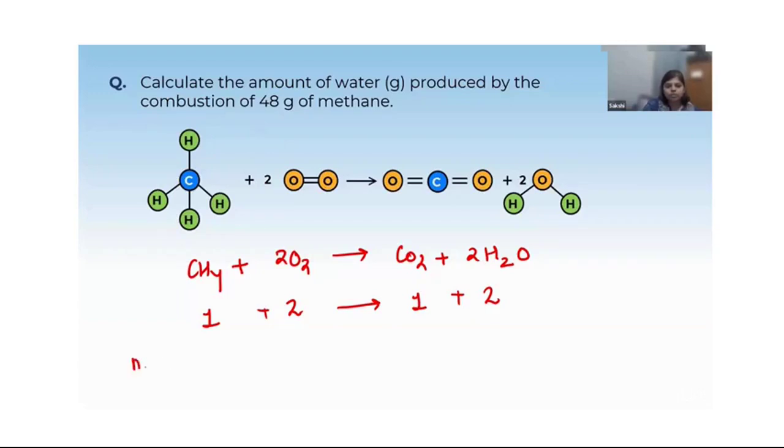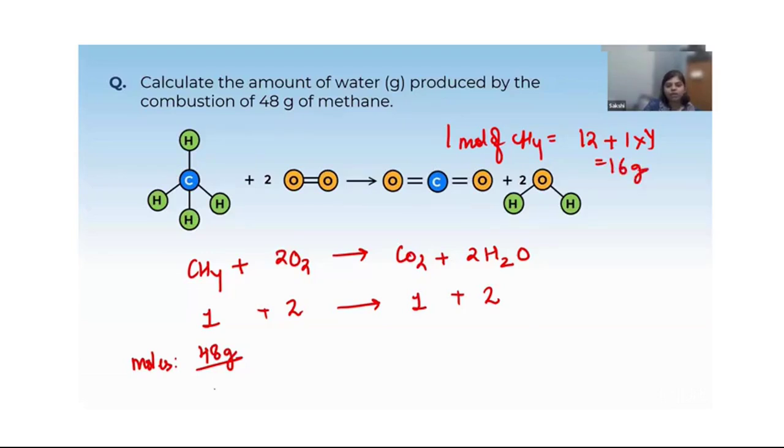Moles is equal to given mass divided by molar mass. I have 48 grams of methane. The molar mass of methane would be carbon, 12, plus 1 into 4, which is 16 grams.